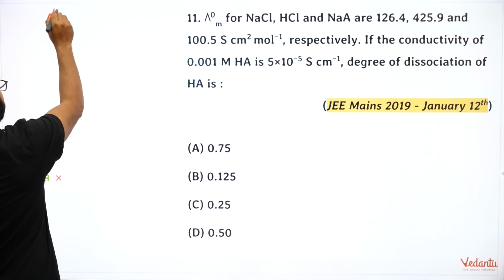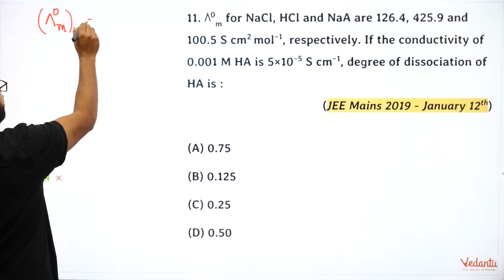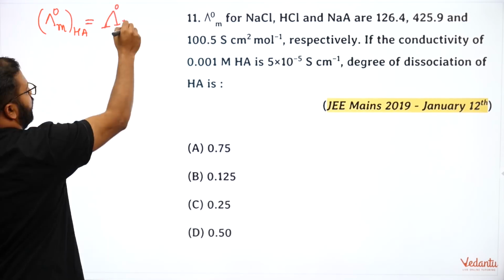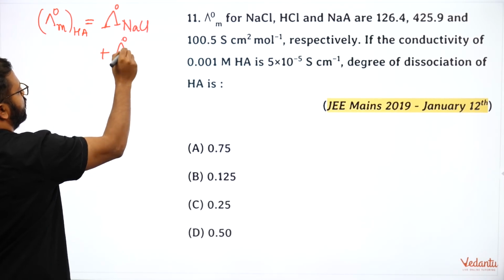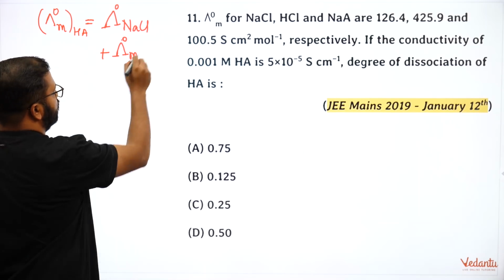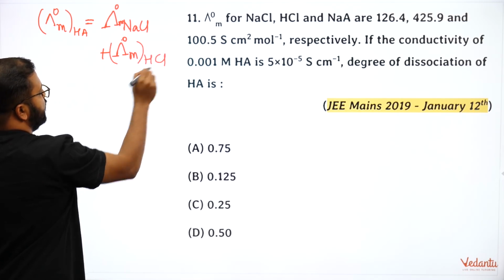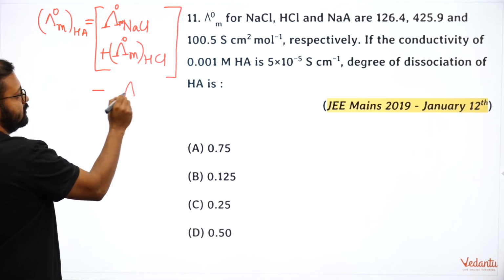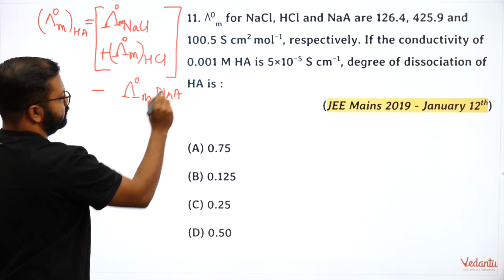So lambda naught m for HA will be lambda naught m for NaCl plus lambda naught m for HCl minus lambda naught m for NaA.